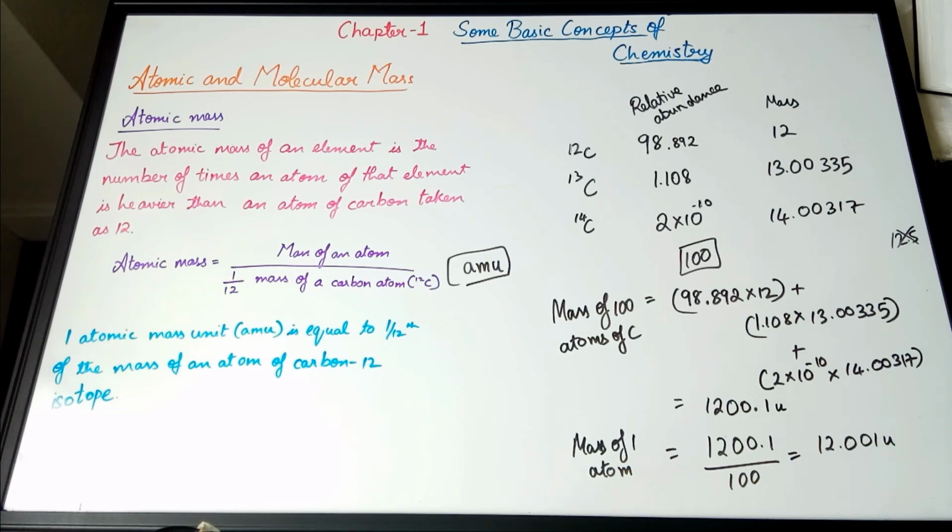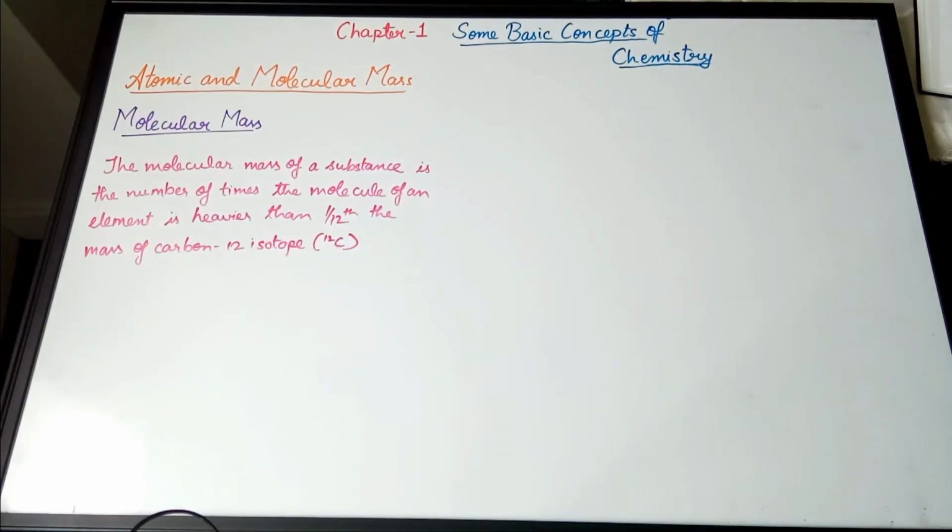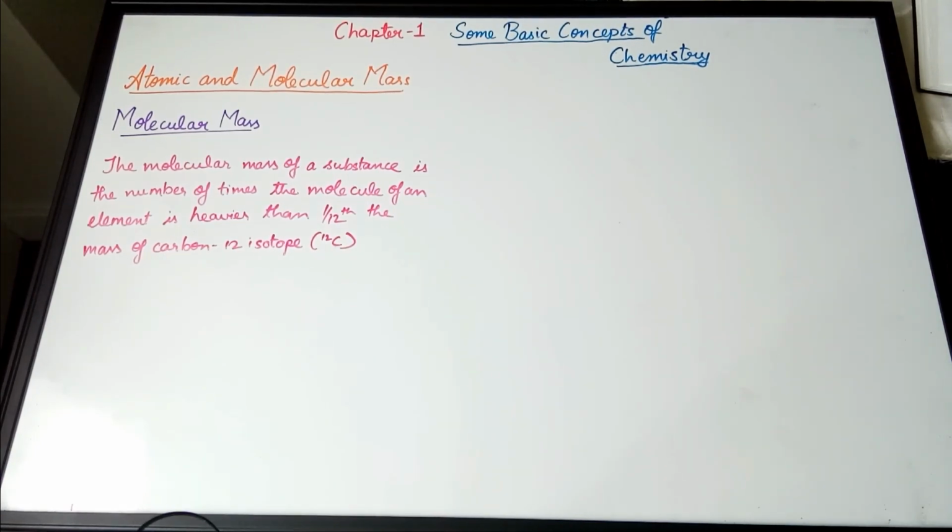Next, we will be starting with molecular mass. Basically, the molecular mass of a substance is the number of times the molecule of an element or a compound is heavier than 1 by 12th of the mass of carbon 12 isotope. In molecular mass, all we'll be doing is adding the atomic masses of individual elements.